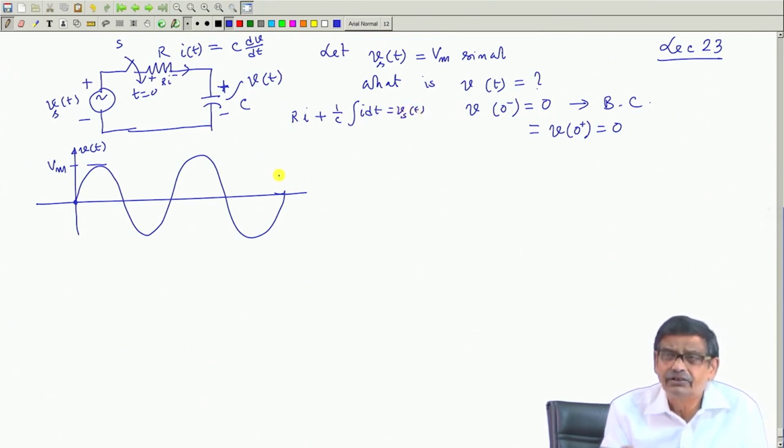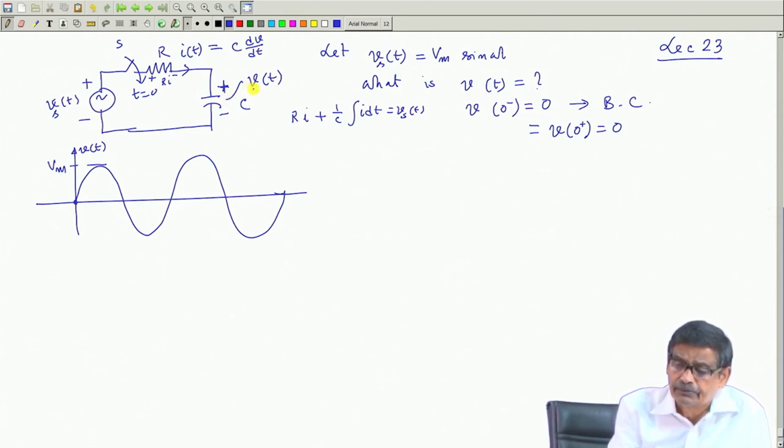But you see, this is not a differential equation, since an integral sign is there. Whatever way we have learned, it is better to form a differential equation, and that can be formed easily in terms of V(t). What is the KVL? We have done this.